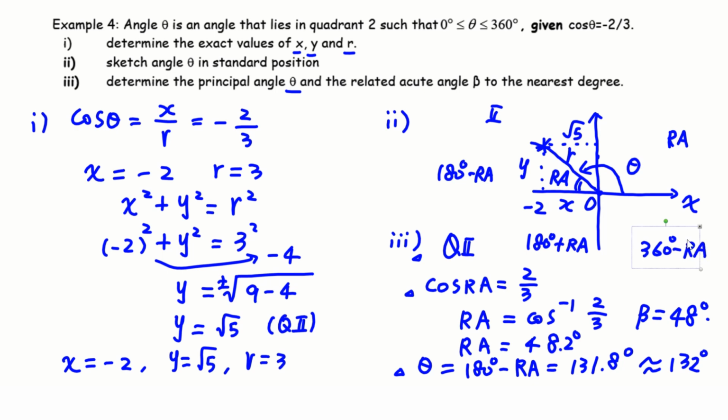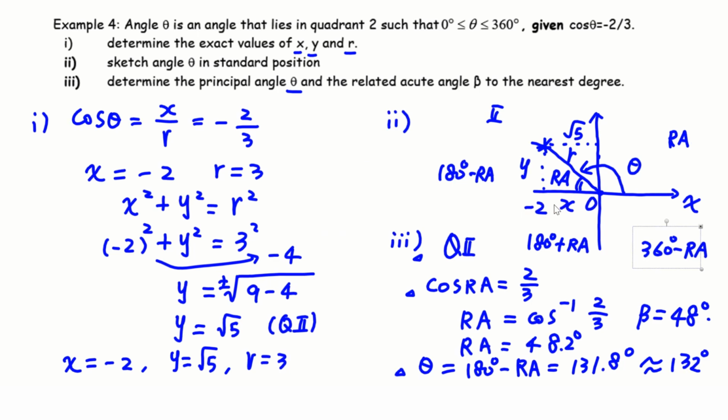Okay, so that is all for today's lesson, and in this lesson we covered the definition of principal angle from 0 to 360 degrees. Related acute angle is from 0 to 90 degrees. The terminal arm forms with the closest x-axis.